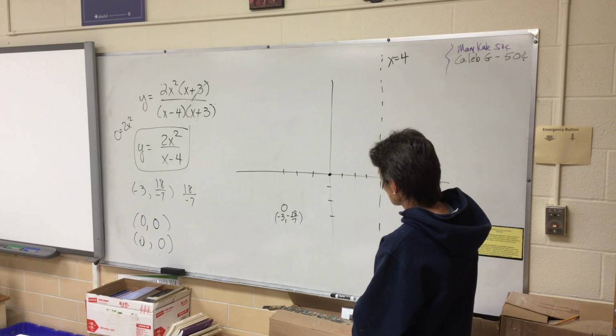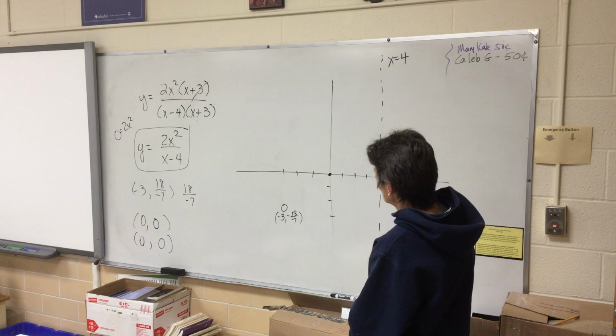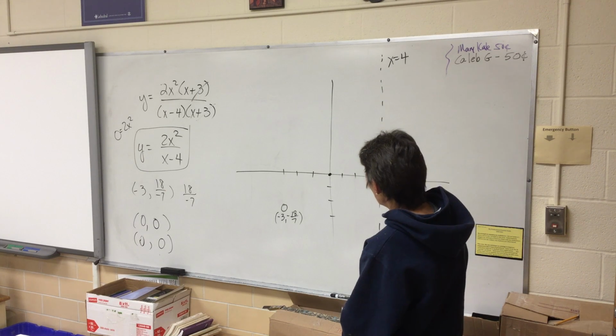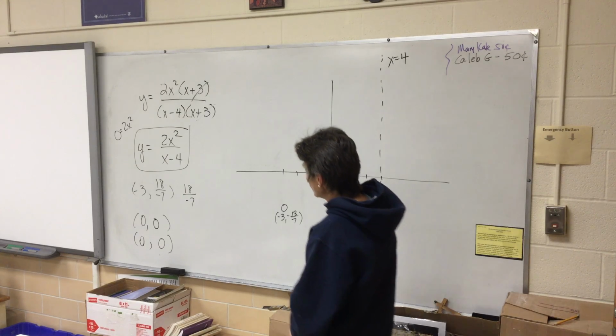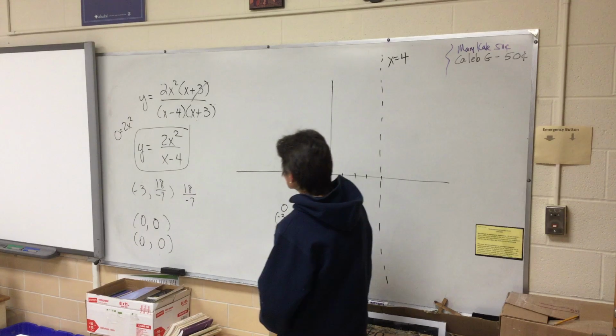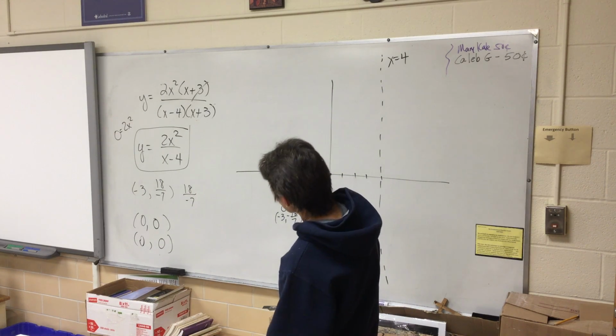Okay? Now, I don't have a horizontal asymptote. How do I know? Because the top is bigger than the bottom. Yeah.